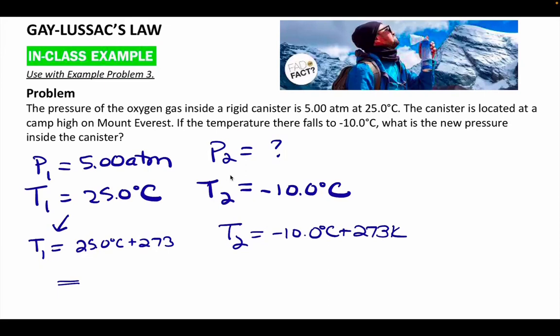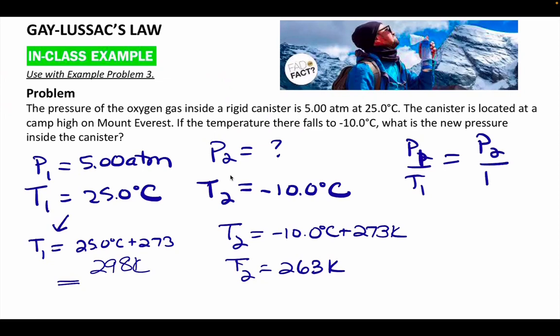So this is going to be 298 Kelvin, and this one will be 263 Kelvin. Then I'm ready to plug into my equation: P1 over T1 equals P2 over T2.